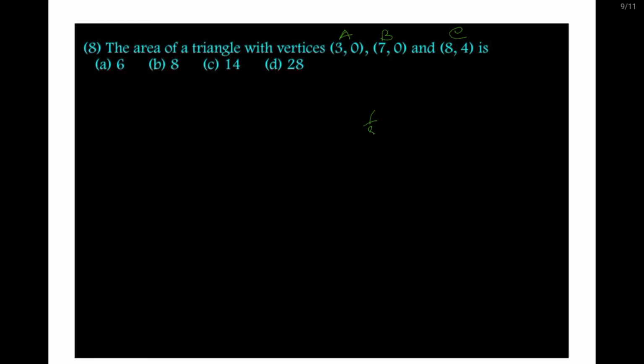So the formula is area of a triangle ABC, suppose, with coordinates (x1, y1), (x2, y2), (x3, y3). So let's write the formula.